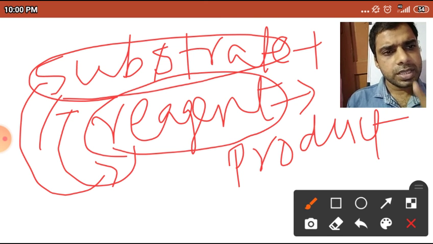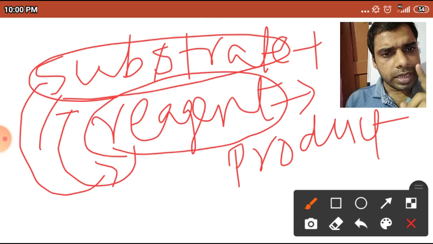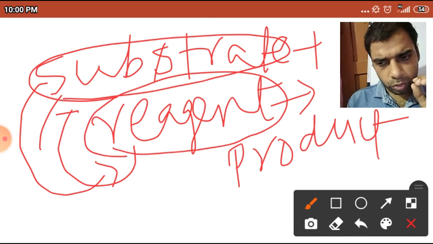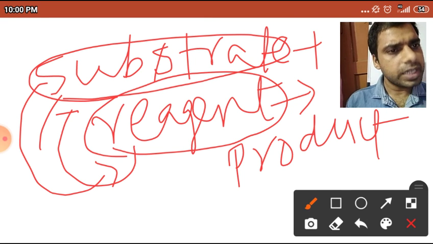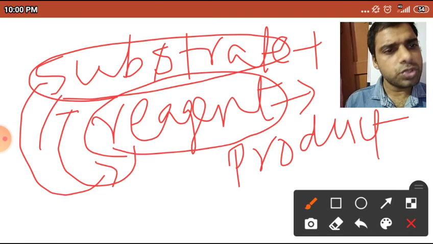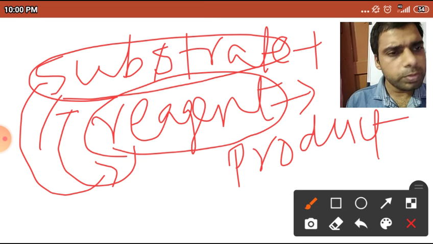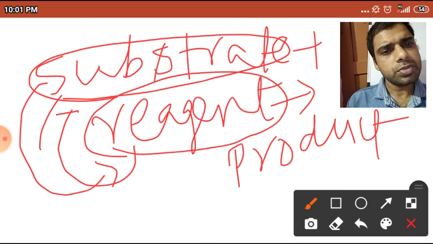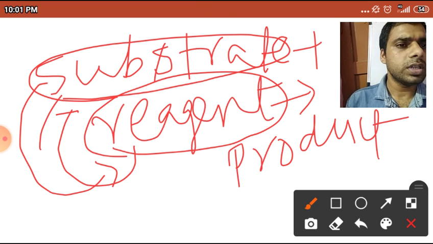It depends, after seeing the reactivity, on which organic compound we are focusing mainly. It is necessary, okay? So it is your choice to whom you are giving the first preference. That one can be your substrate, and the reagent will come and attack onto the substrate.